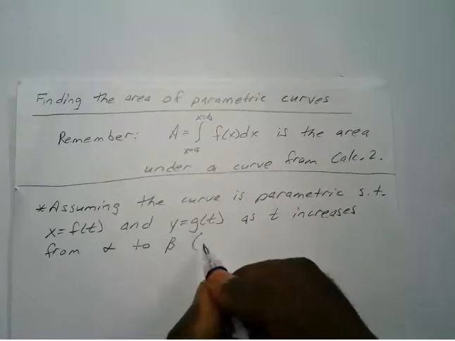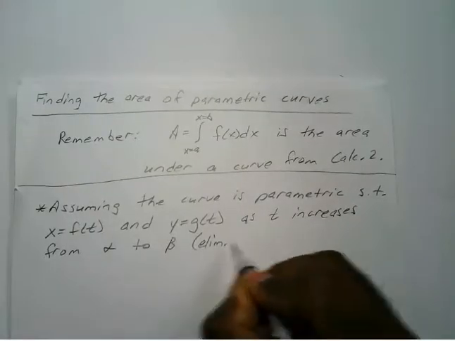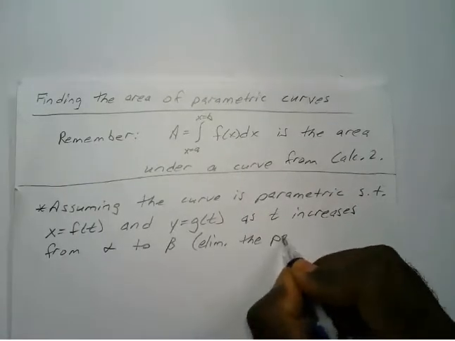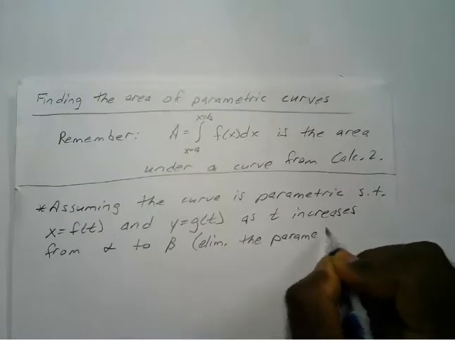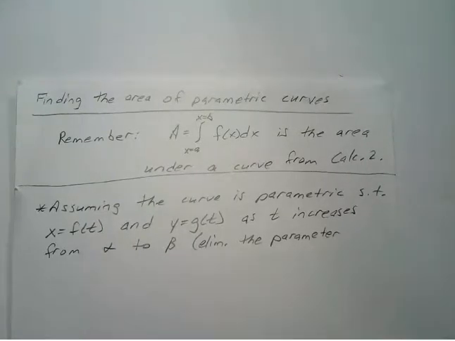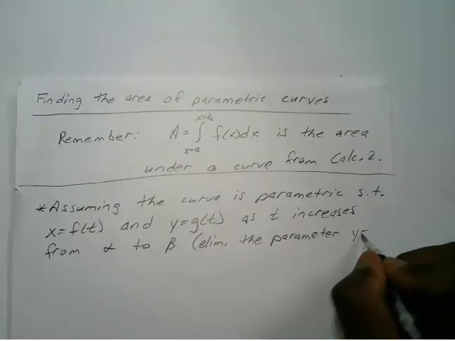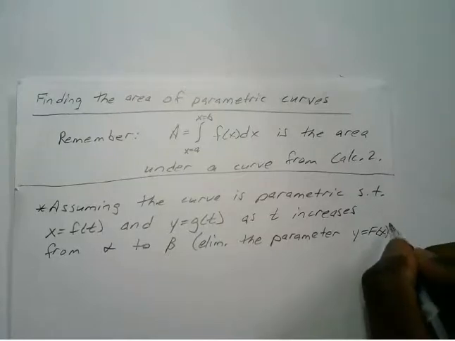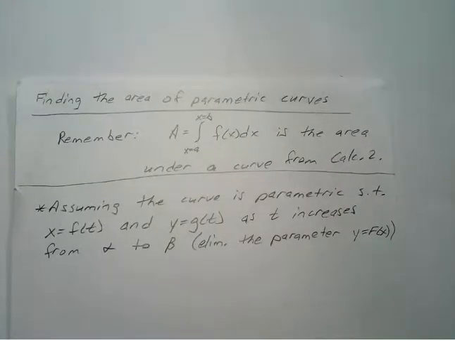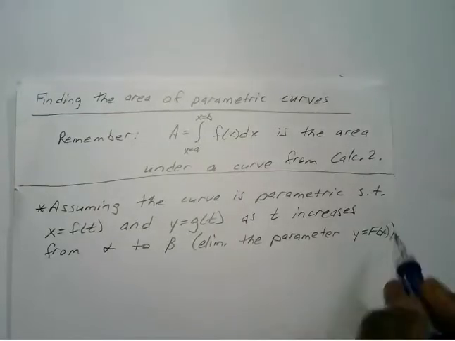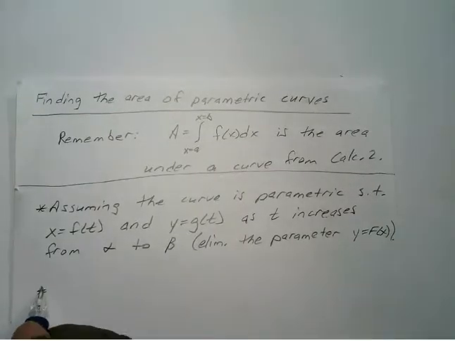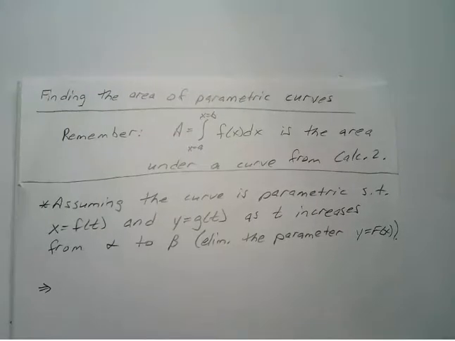If we decide to eliminate the parameter, remember we solve for t from the x term and then plug it into the y term, we'll have y equals some function of x. Going from there, you're going to use the substitution rule for definite integrals.